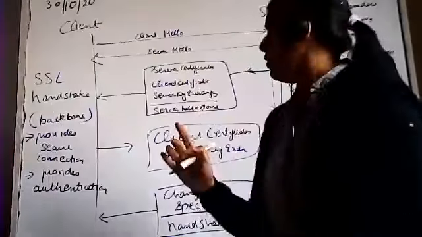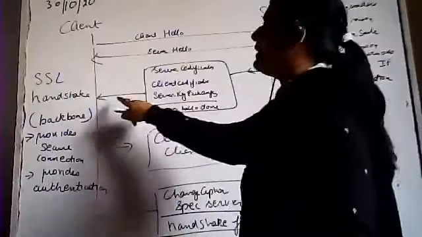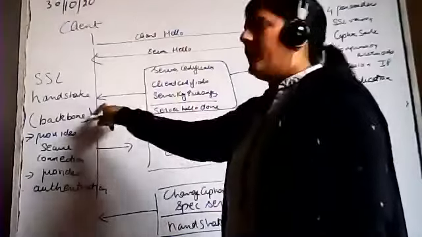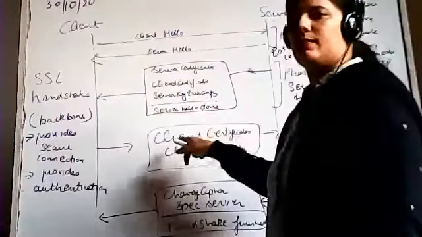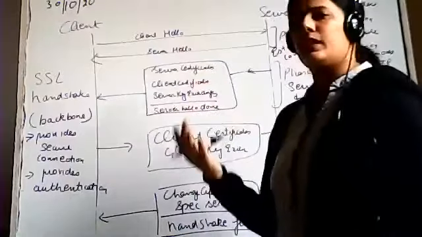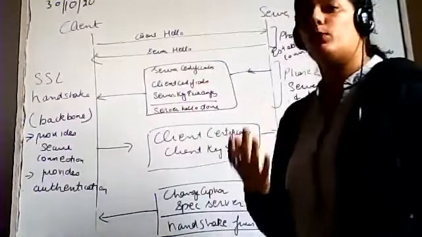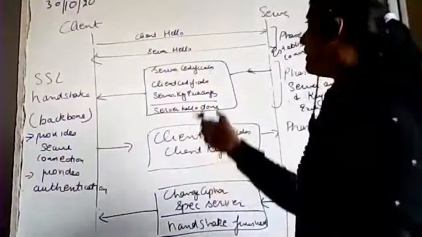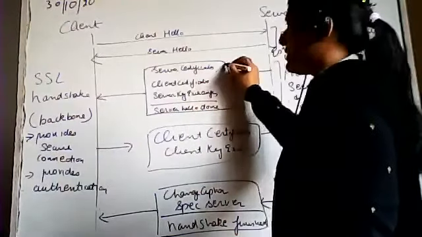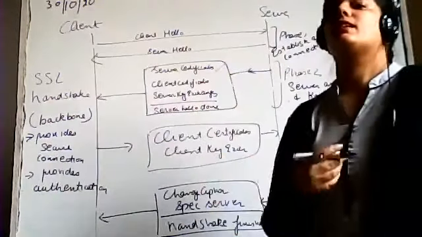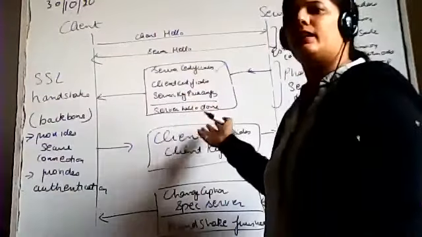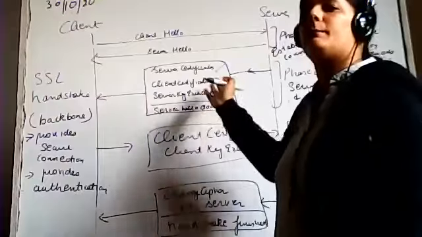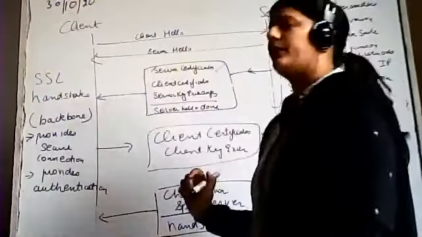So first, the server will authenticate itself to the client. It will provide that particular client with all those things, that is, it will give its authentication. It will give its own proof that it is the right server by giving the server certificates, and it can also provide its keys. So in server key exchanges, at this particular moment, the server can pass its public key to the client also.